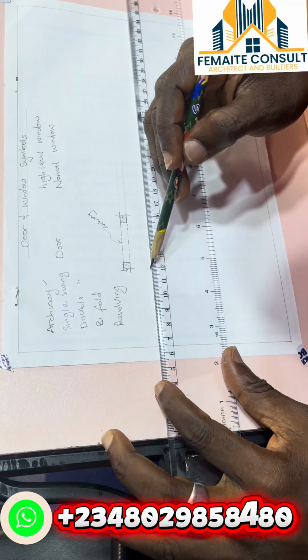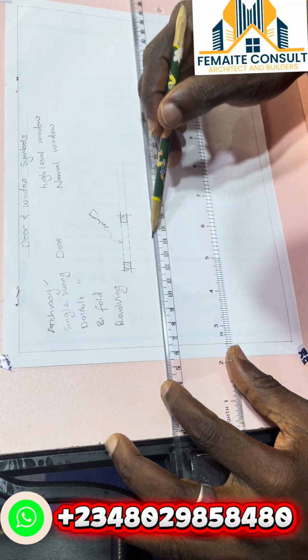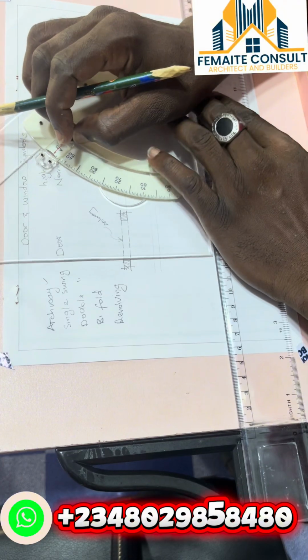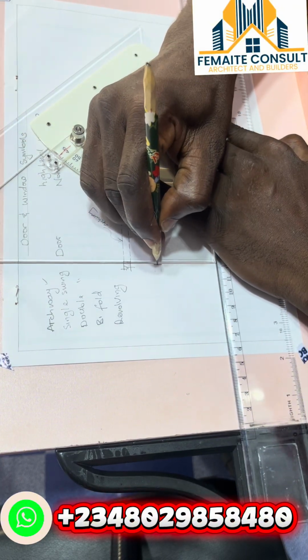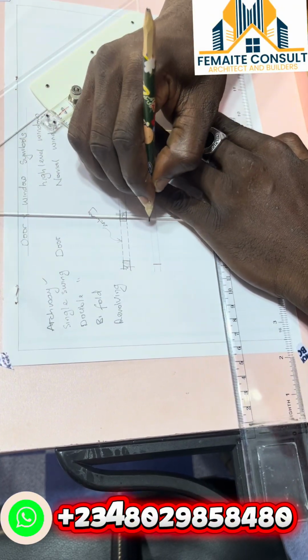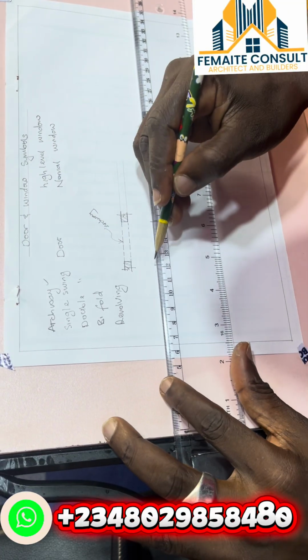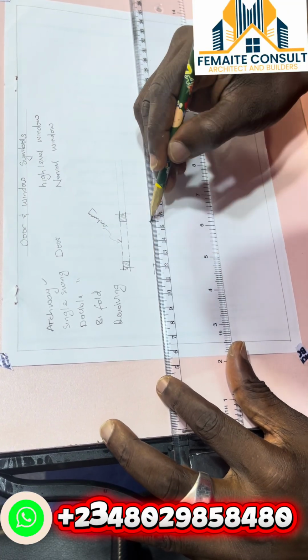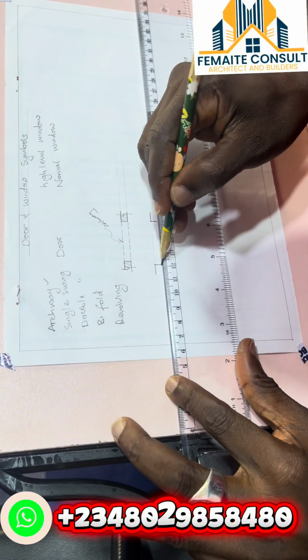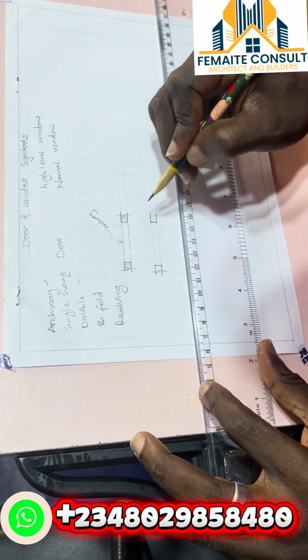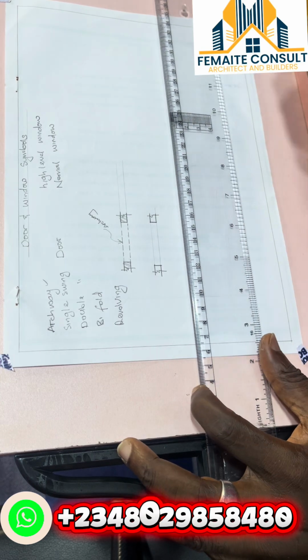Double swing door. Double swing door comes with size. We have 1.2, 1.5, and 1.8. It depends. The 1.2 is used in residential, and some 1.5 also used in residential.